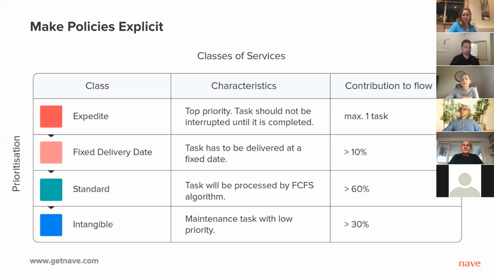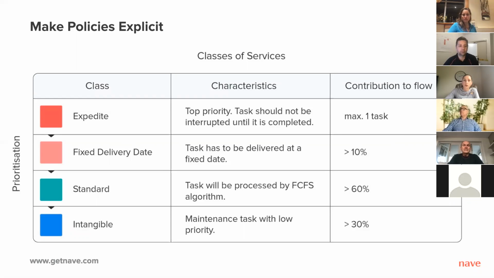You can use classes of service to group tasks according to their priority by using labels or custom fields. Different policies apply to different levels of priority. The policies in place for efficiency will be quite different to those for routine maintenance, for example.